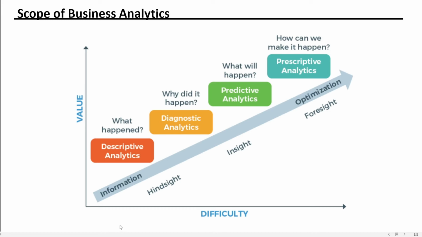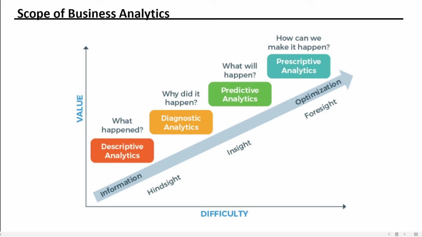There are also the words hindsight, insight, and foresight. When we say hindsight, it refers to looking backward and understanding the past. So this is the realm of descriptive analytics. Insight, on the other hand, looks into the reasons behind past events. So it's primarily the domain of diagnostic analytics.